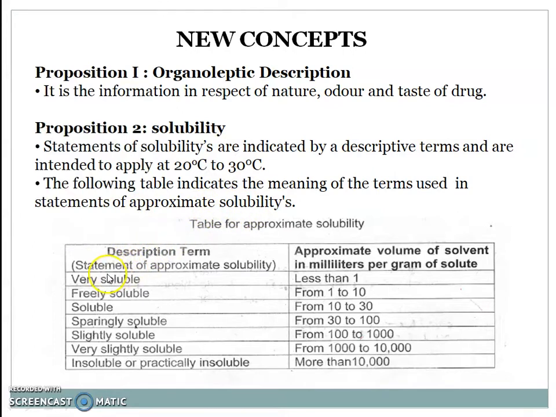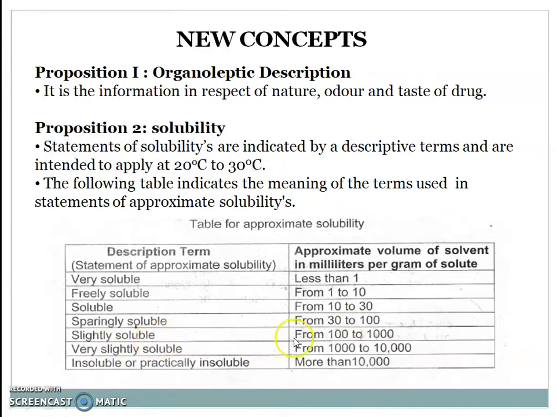Description: if the compound is very soluble, that means it is soluble in less than 1 ml of solvent. If compound is freely soluble, that is it is soluble from 1 to 10 ml of suitable solvent. Then if the compound is soluble, then it is soluble from 10 to 30 ml of solvent. Sparingly soluble, that means from 30 to 100 ml of solvent.